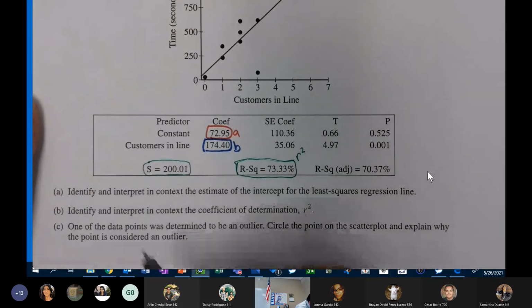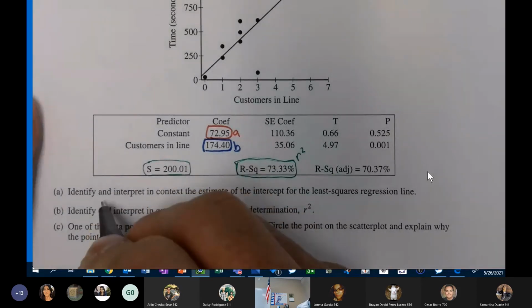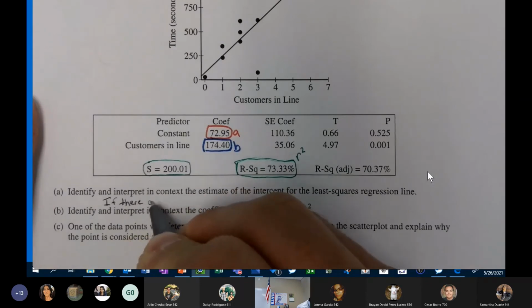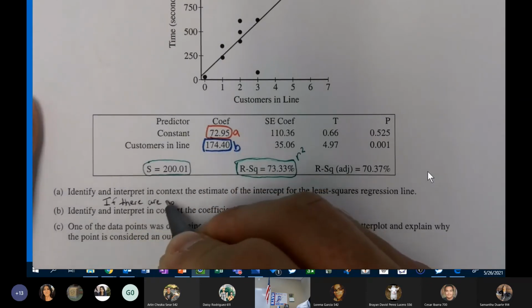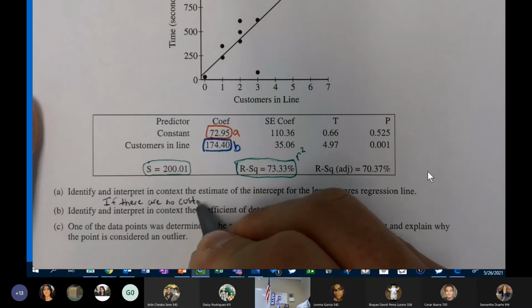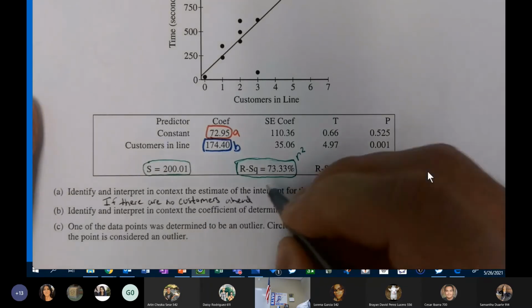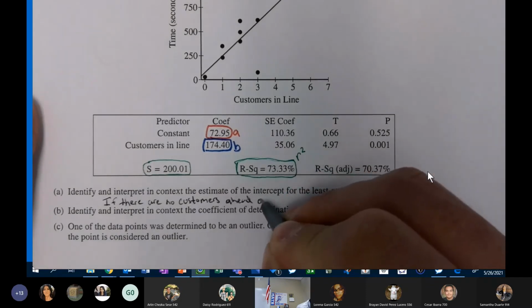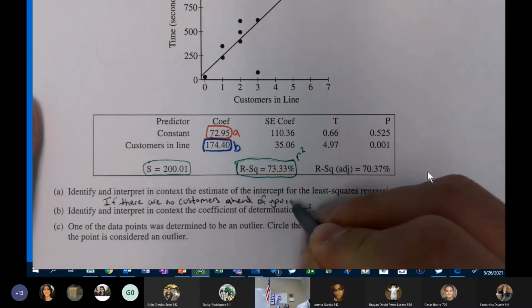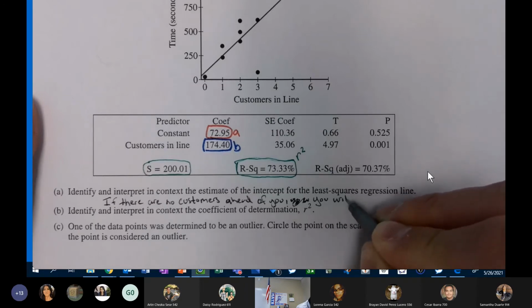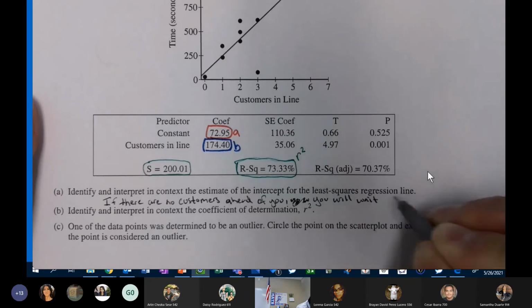It essentially means if there are no customers ahead of you, we'll wait about 73 seconds.